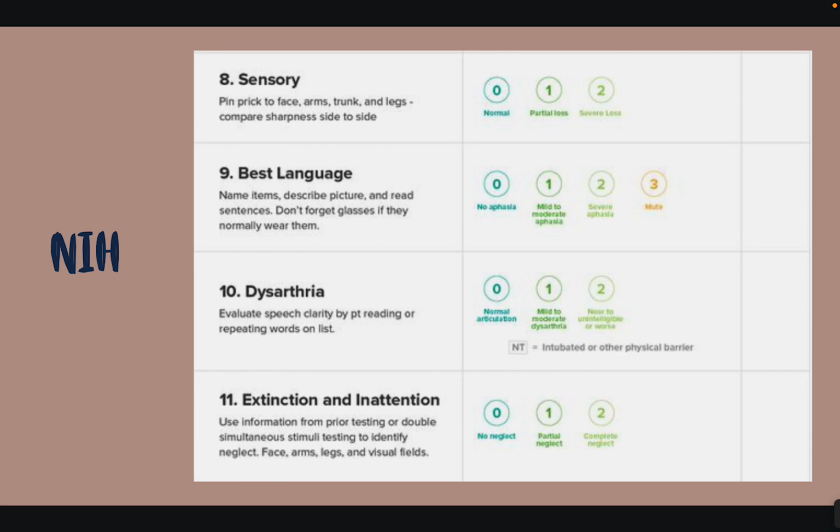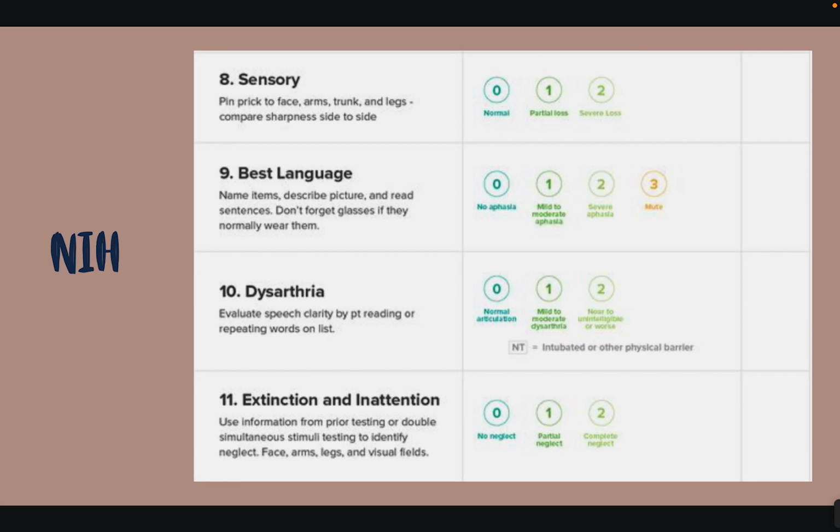Then you're looking at the best language. Is the patient able to speak? Can they name the items and the things that you show them? In this case, we're going to be showing them a picture and telling them to describe what they see. We're also going to have them read a sentence and see if it happens.